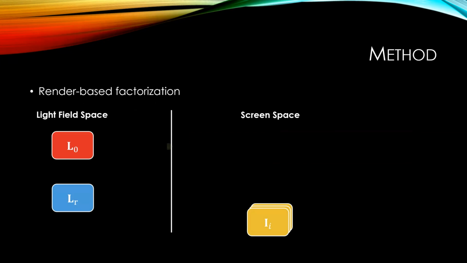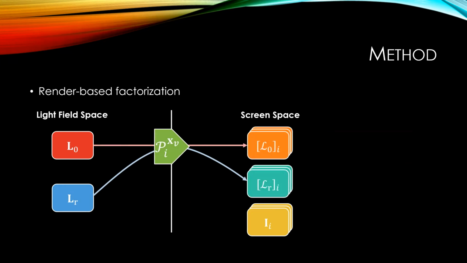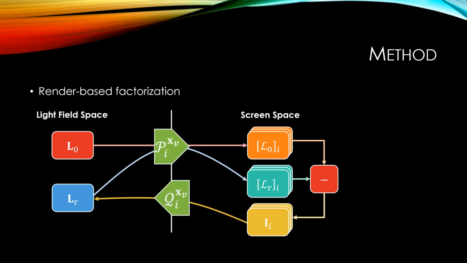First, map two light fields to screen space using P. Second, update display images by the difference of the two mapped light fields. Third, map display images reversely to light field space and update the reconstructed light field.